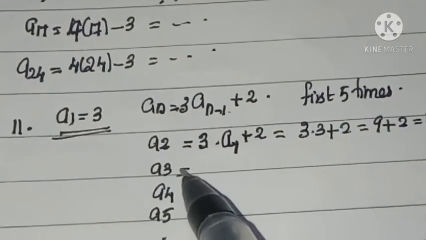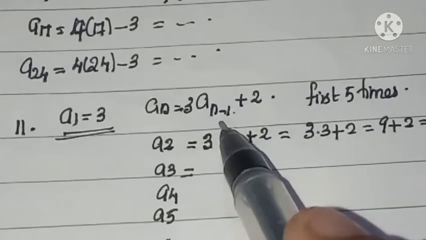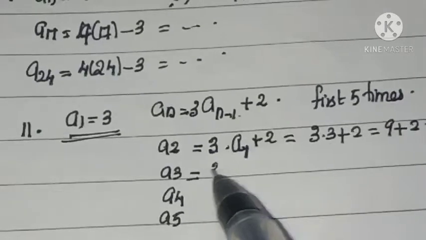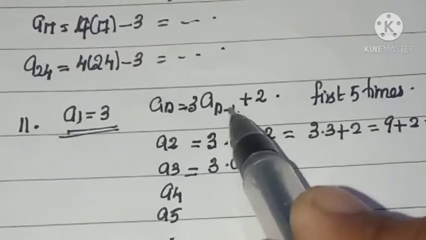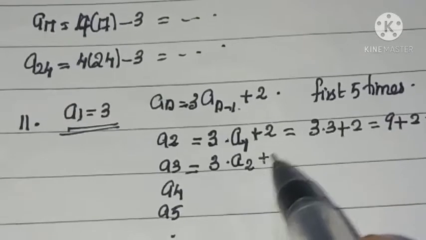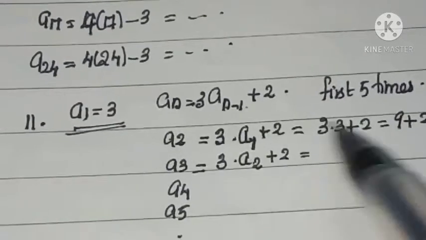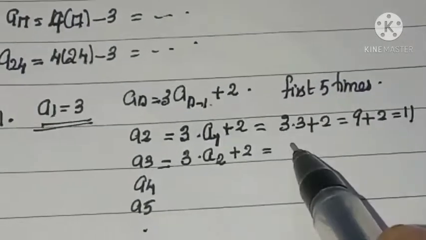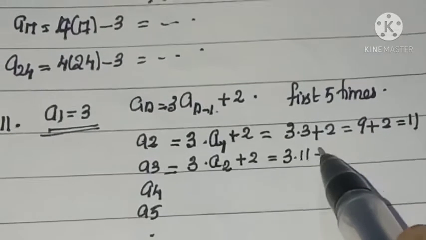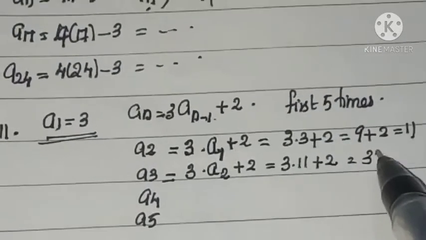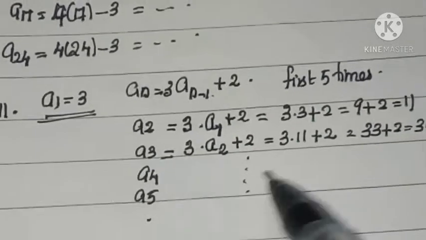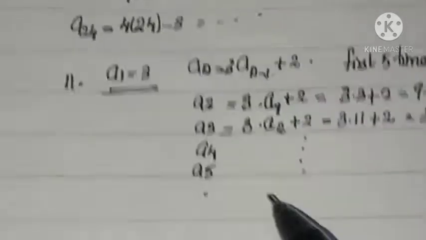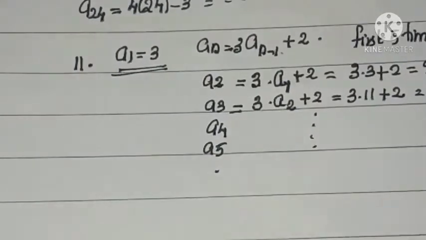Now a3. a3 means n equal to 3. Put n equal to 3 here. So 3 into a(3 minus 1), that is a2. Now what is a2? a2 is 11. So 3 into 11 plus 2, it is 33 plus 2, 35. Similarly find a4, a5, a6.